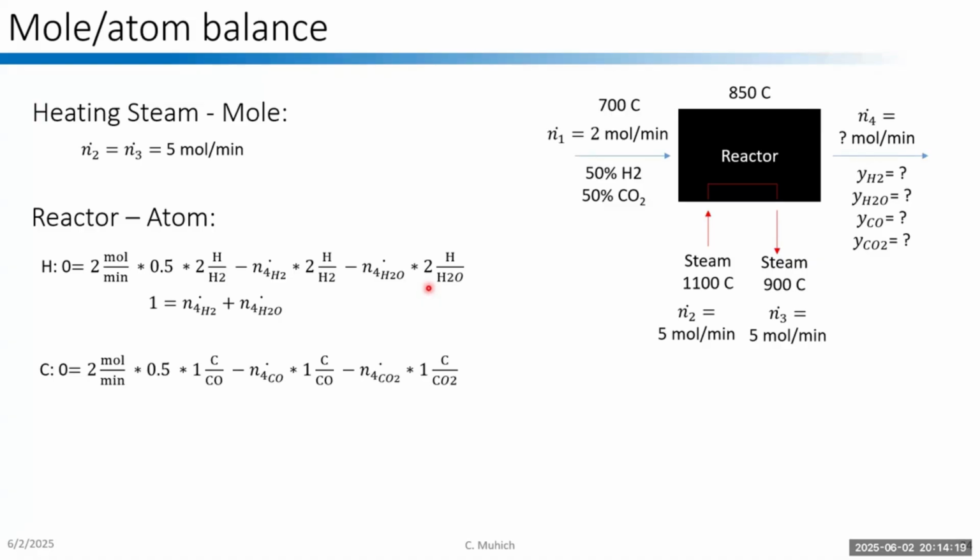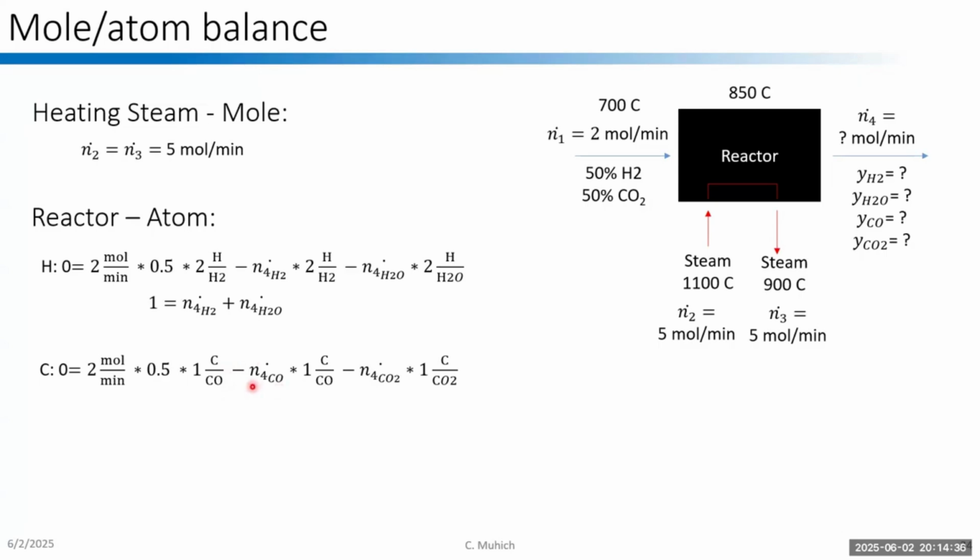I can do the same thing by doing a carbon balance. Again, I have 2 moles per minute entering the system, 50% of which is CO2. There's 1 mole of carbon per mole of CO2.